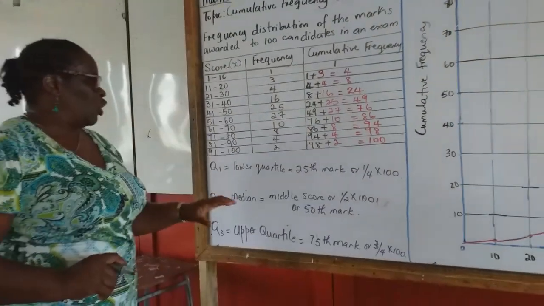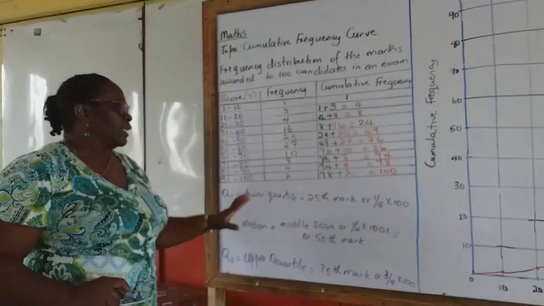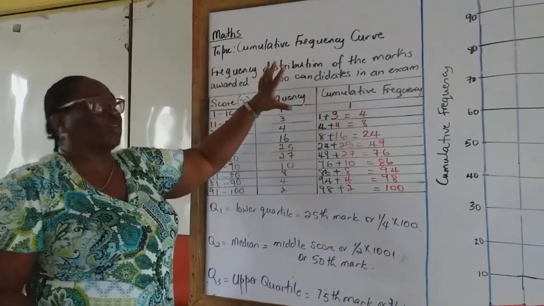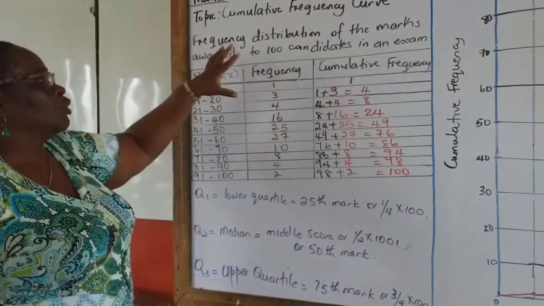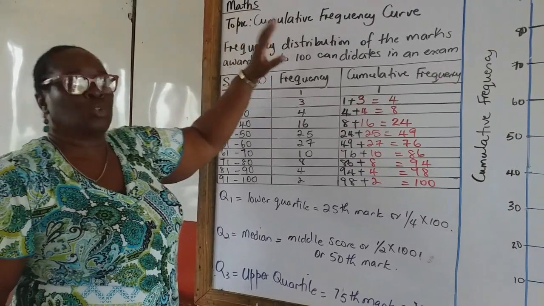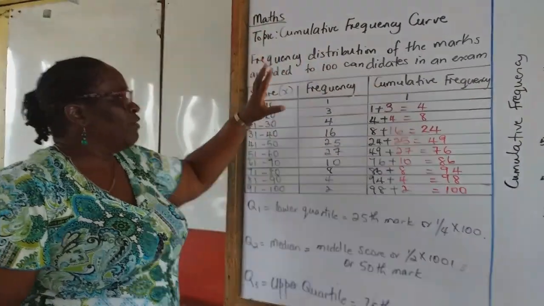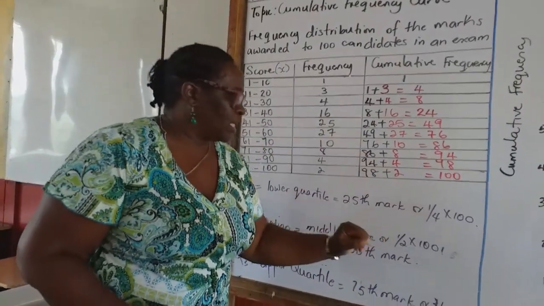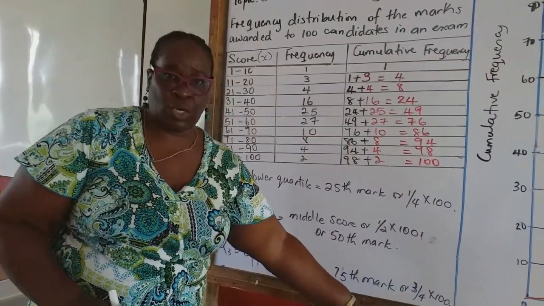Now students, for the quartiles, it doesn't necessarily mean that all of them will be out of 100. It could be out of 120. It could also be out of 200. Whatever the total score is, you still find the quarter, the half, and the 3/4 of it.